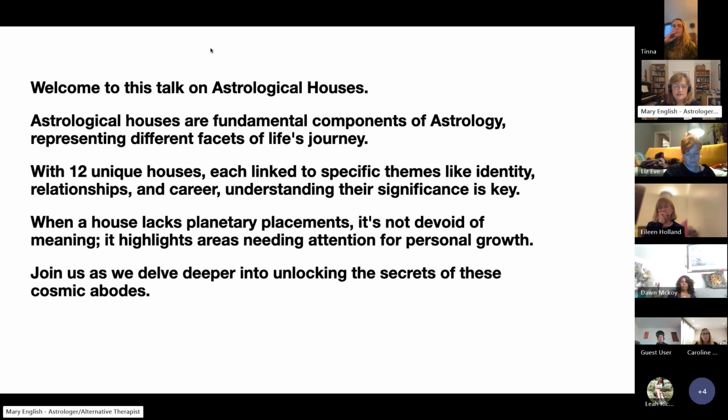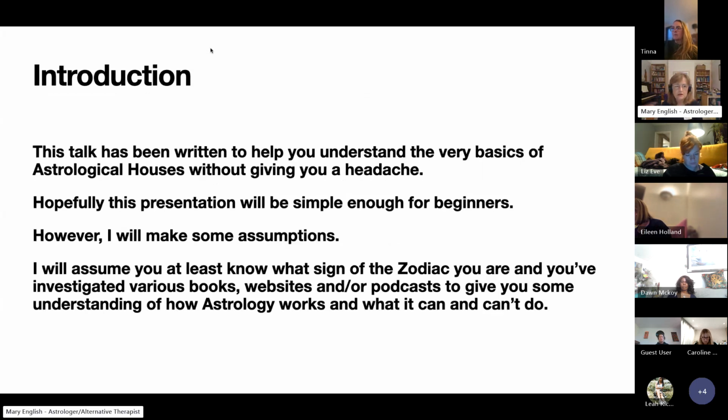With 12 unique houses, each linked to specific themes like identity, relationships and career, understanding their significance is key. When a house lacks planetary placements, it's not devoid of meaning. It highlights areas needing attention for personal growth. Join us as we delve deeper into unlocking the secrets of these cosmic abodes.